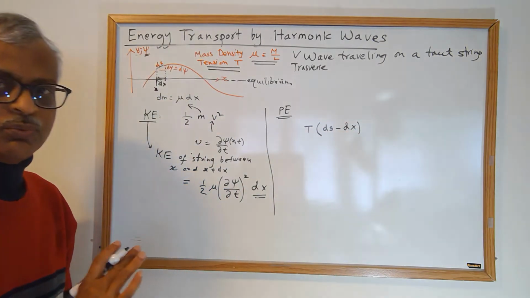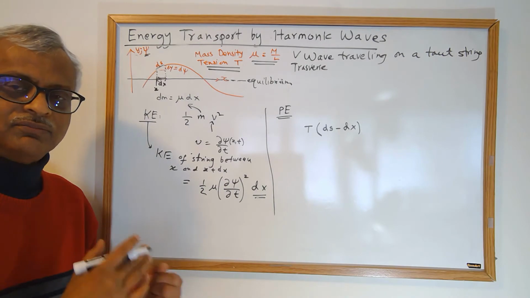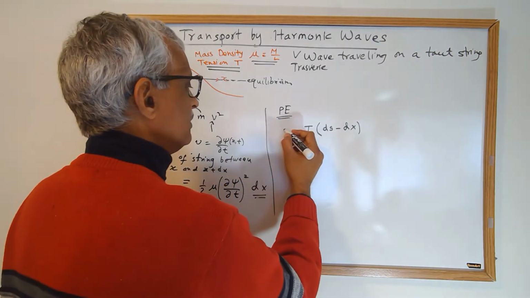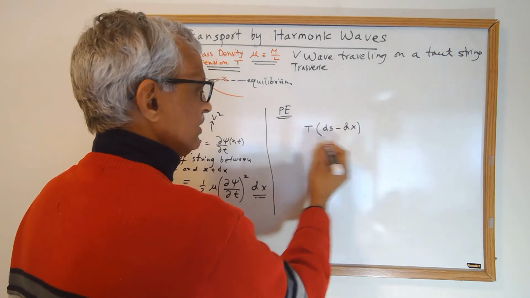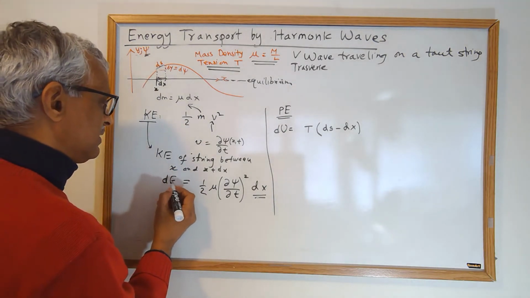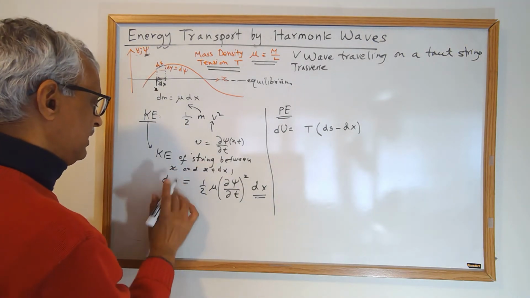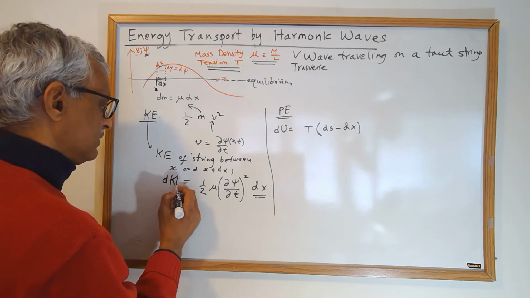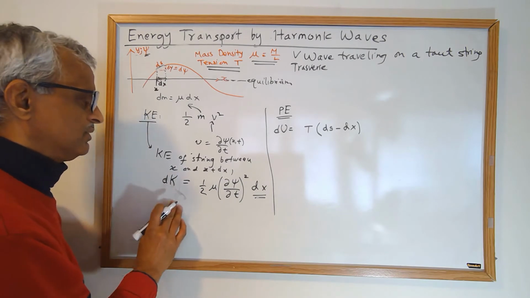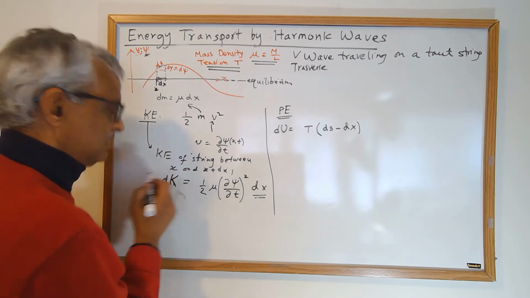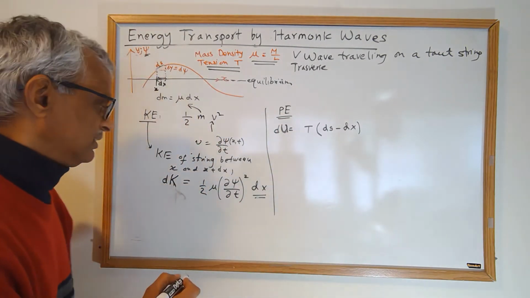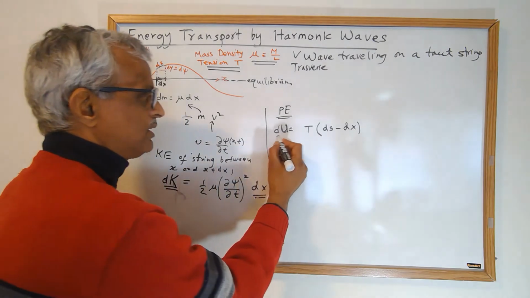That should be the work I did, and that must be stored here, right? And it's all differential, so it will be a dK and a dU. Capital K we'll use for kinetic energy, and capital U for potential energy, and d just says I'm looking at differentials.